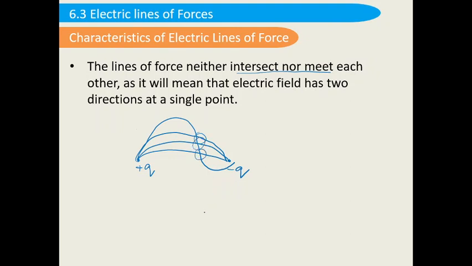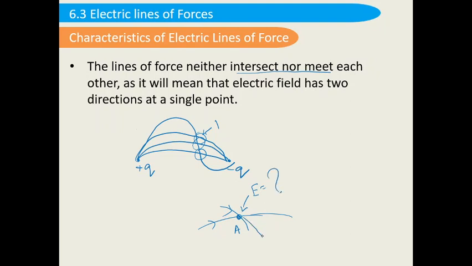Why? Suppose I consider this first line, and this is another line. Suppose it is intersecting at point A. So the electric field lines are moving like this. I have to draw a tangent to get the electric field at this position.